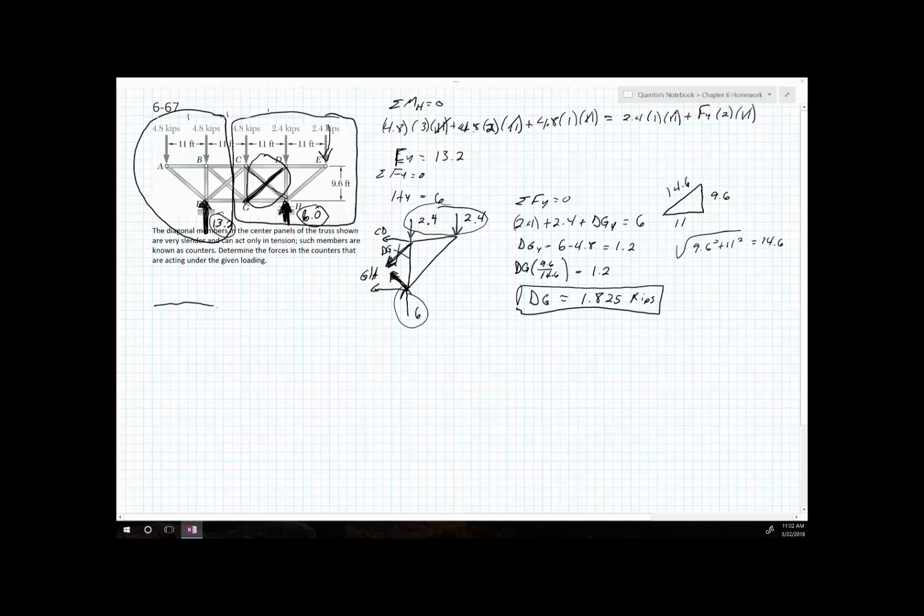We have a force here of 4.8, force here of 4.8, I have a force here of 13.2. I have an unknown in this direction, I have an unknown in this direction, which I don't have to find, right? It might be interesting, but it turns out I don't have to find them. And I either have a force off in this direction or off in this direction.